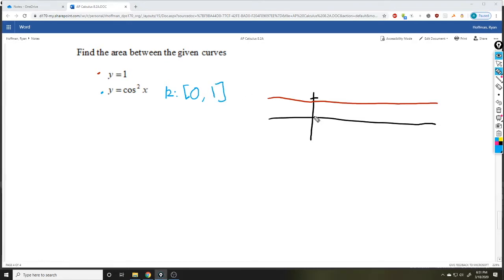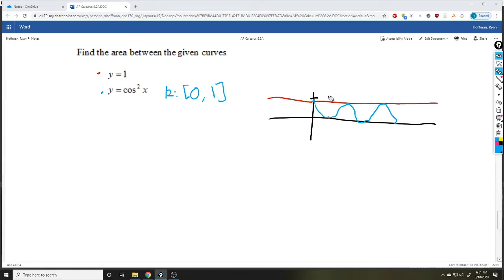Any place like at pi/2 that it originally hit 0, it's going to hit 0 again. But then the difference is that it's going to bounce back up to 1 instead of going down to -1. Okay, so it's going to look something like this. Again, the key idea here is that it bounces between 0 and 1.